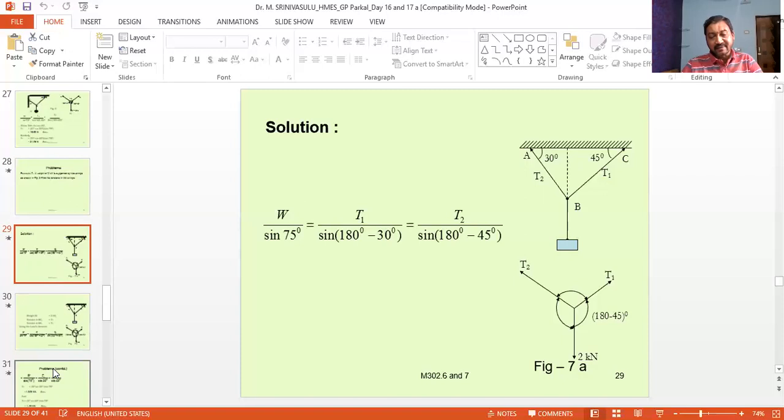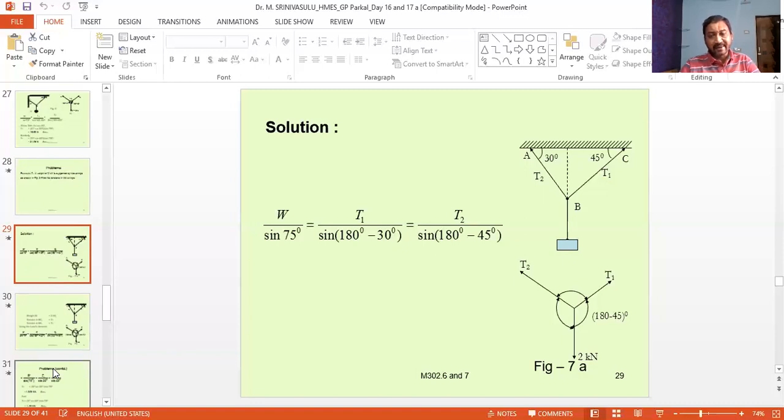Here, at point B, we have to draw a vertical line, an imaginary vertical line. If you draw the imaginary vertical line, what happens? We will be getting two triangles. That imaginary vertical line makes an angle of 90 degrees with the ceiling or with the horizontal at the top.